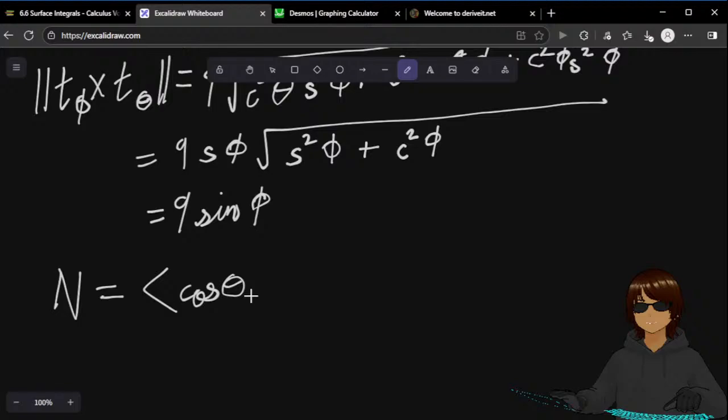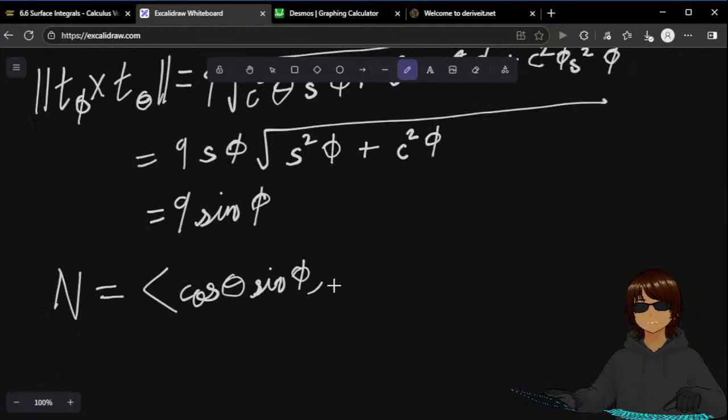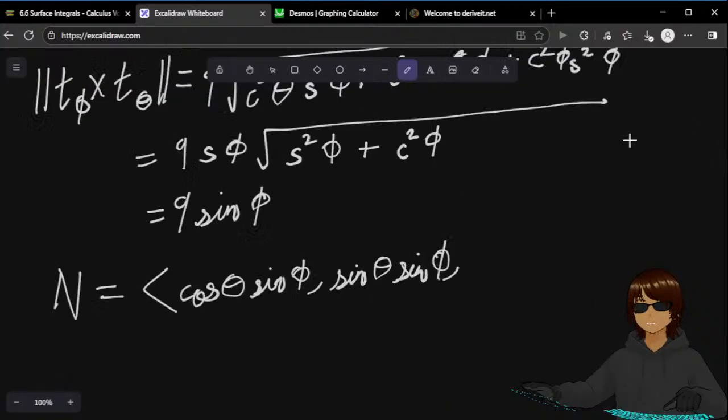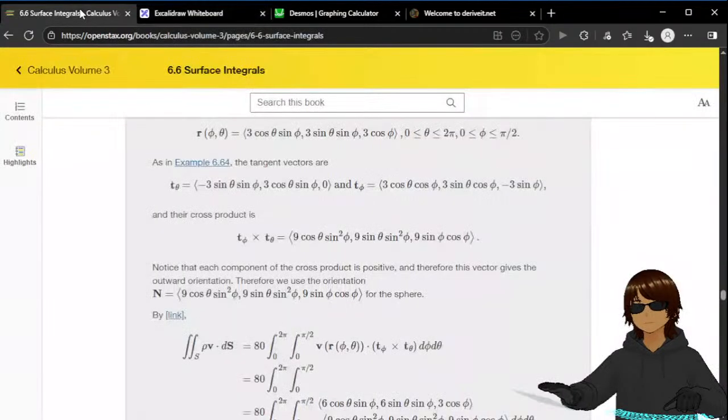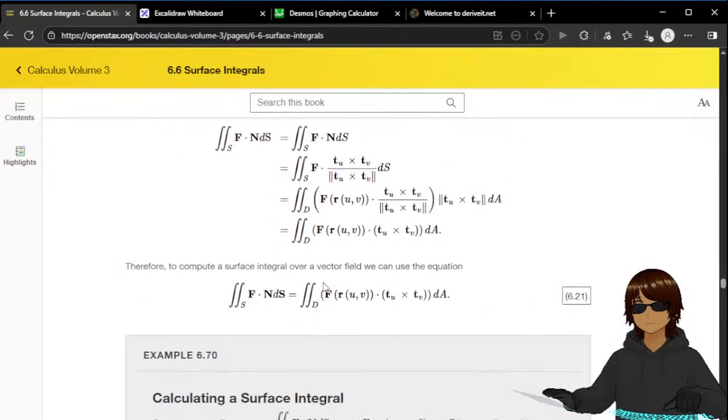Cos theta sine phi, sine theta sine phi, cos phi. Yeah, I don't think we need the normal, but we do need this integral.